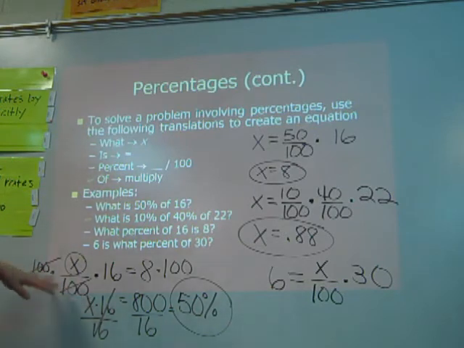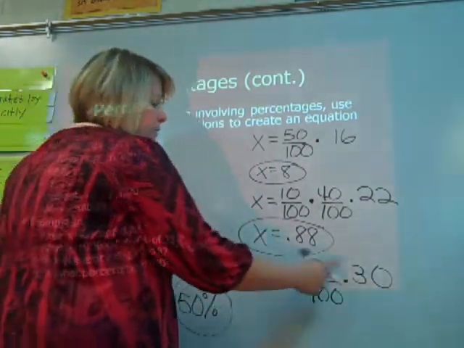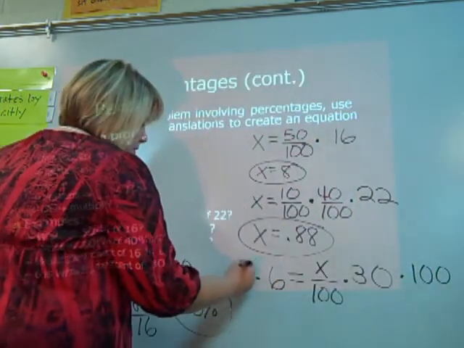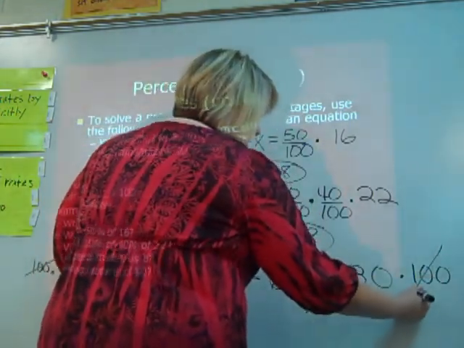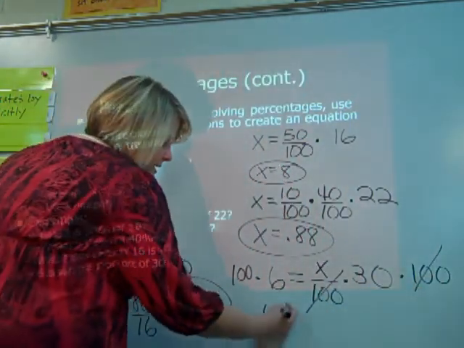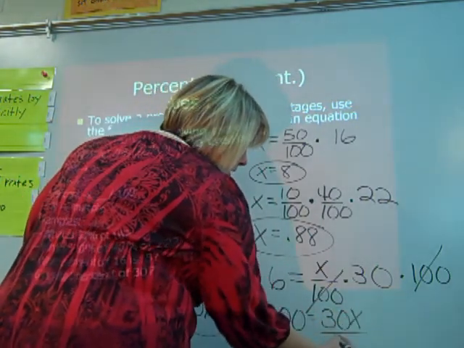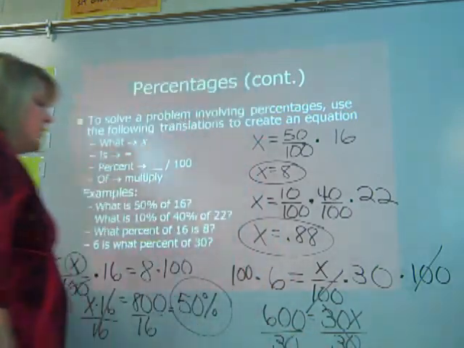So again, we can work this one the exact same way we just worked this one. You could get rid of the 30 first by dividing, or you can get rid of the 100 first by multiplying. I would multiply first. To get rid of divide by 100, you times 100. So that gives me 600 equals 30x. And then I divide both sides by 30. So it would be 20%.